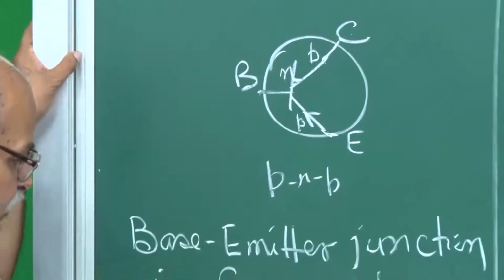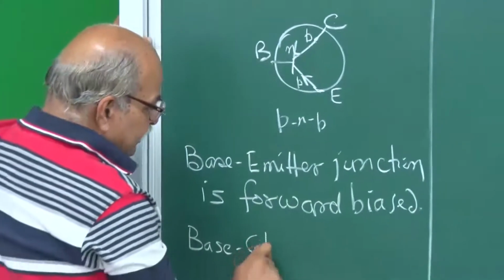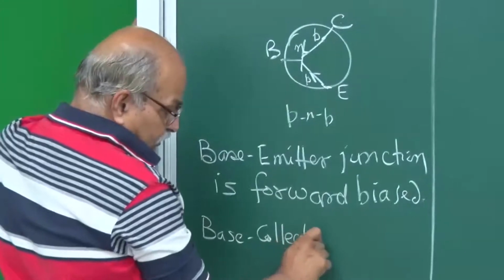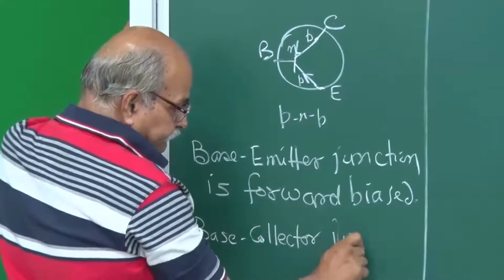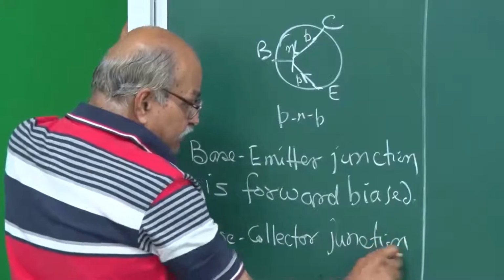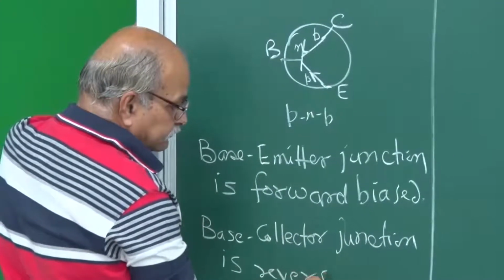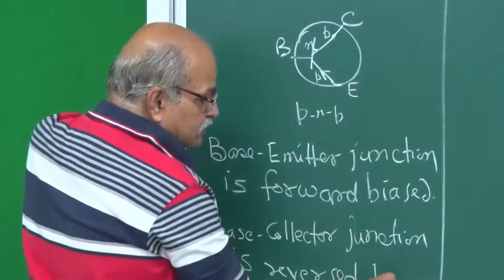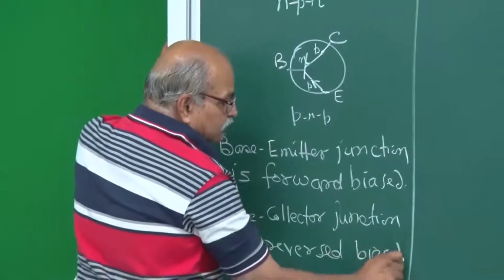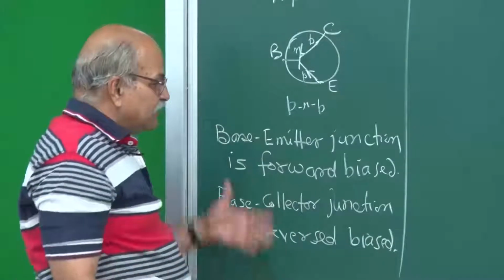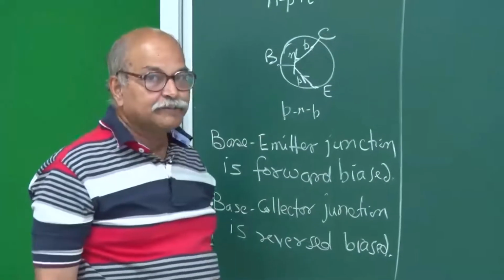In normal operation, the base collector junction is reverse biased. I will tell you why it is so, because the whole mechanism is based on this.